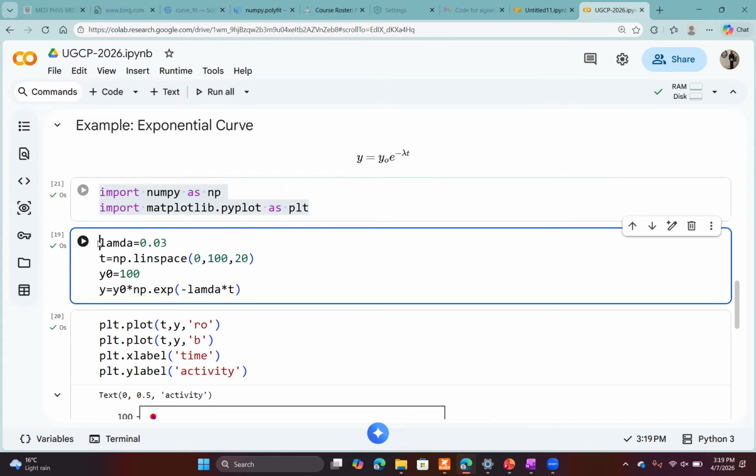And now in this cell, I have defined the lambda value as 0.03. It must be in the inverse units of the half-life of the radionuclide. Here is a creation of time array. Well, let me introduce here the decay constant, and it is in inverse time units.